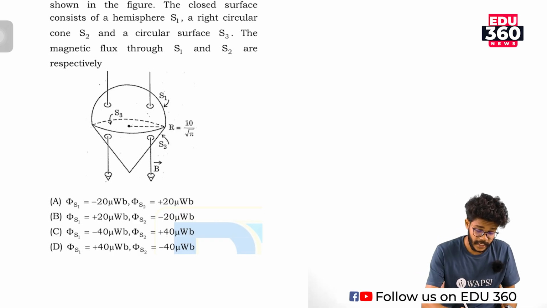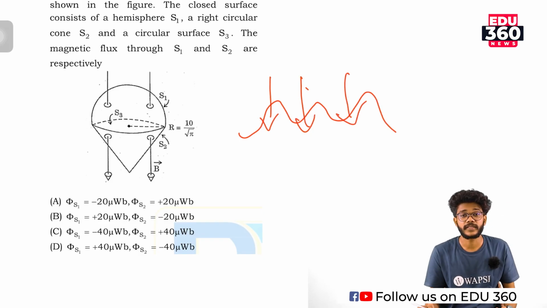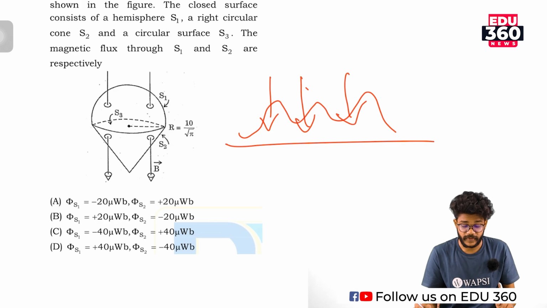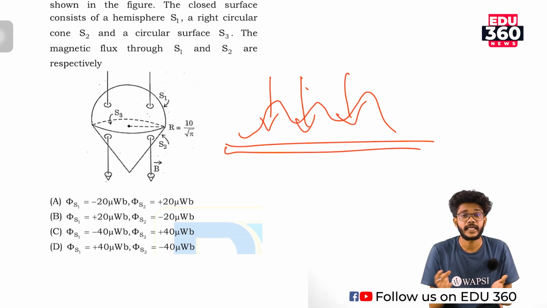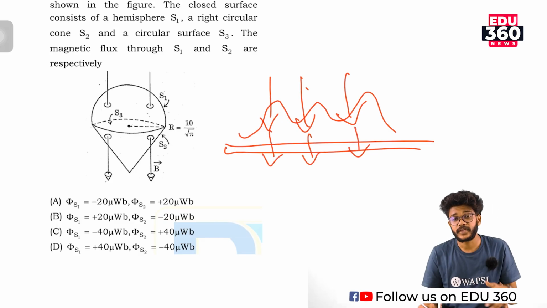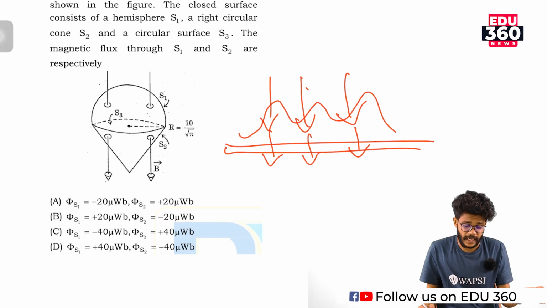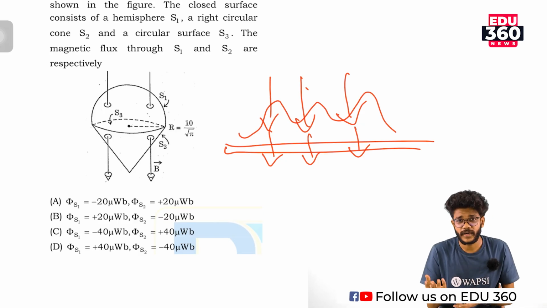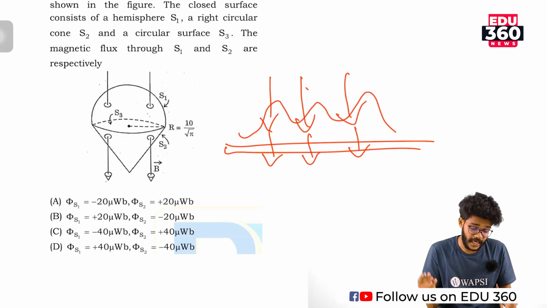Let the area be like this, and the number of field lines crossing is 3, and if the area is like a plane, the same 3 lines are passing through this area. So with respect to the area, we don't need to calculate the flux differently. We can avoid the shape.